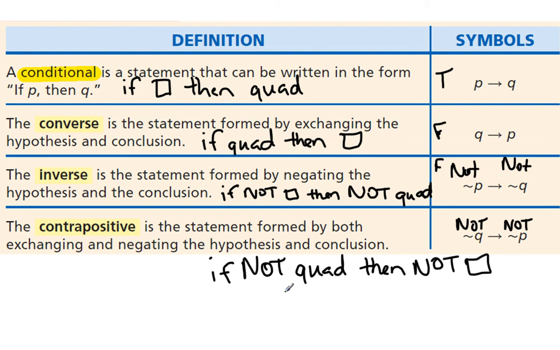And is that going to be true? If we pick a shape that's not a quadrilateral, is it true that it's not a square? And you'd say yes, because the only way you can have a square is it has to be a quadrilateral. So this statement, despite it being super negative and saying not and not, the truth value of the entire thing altogether is going to be true. True.